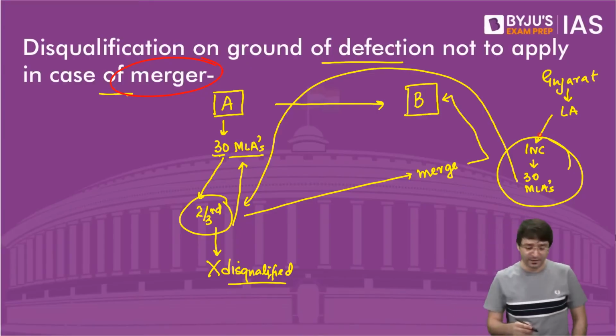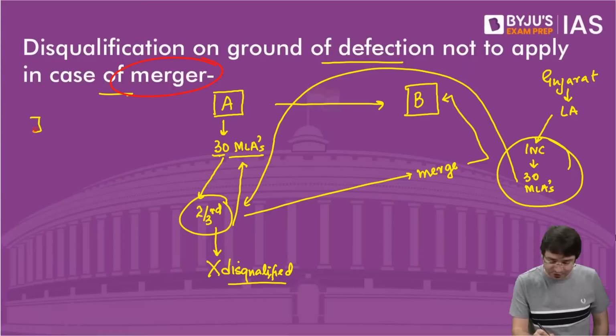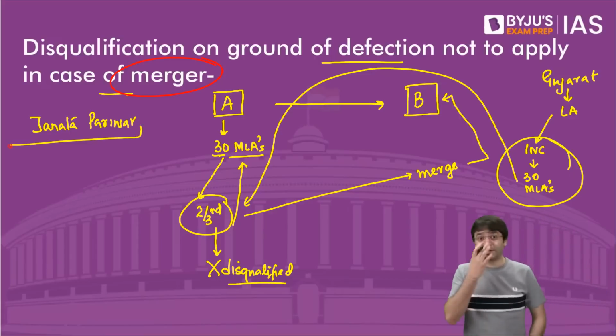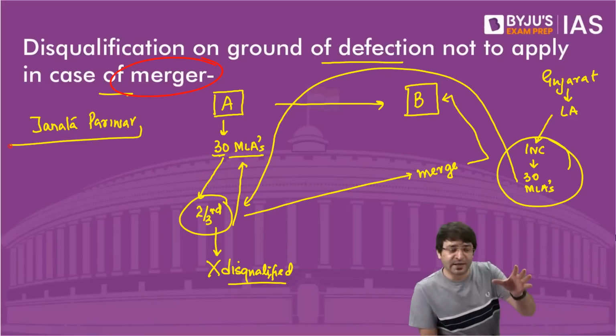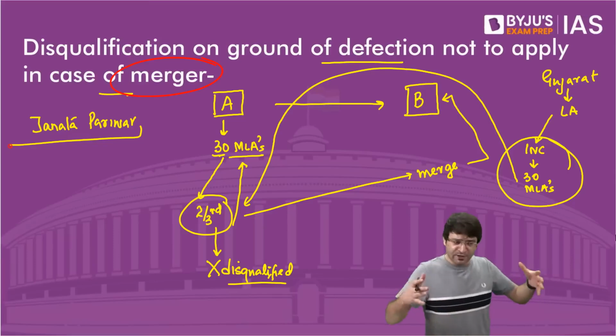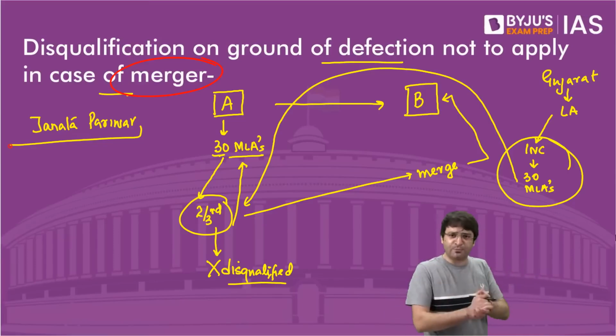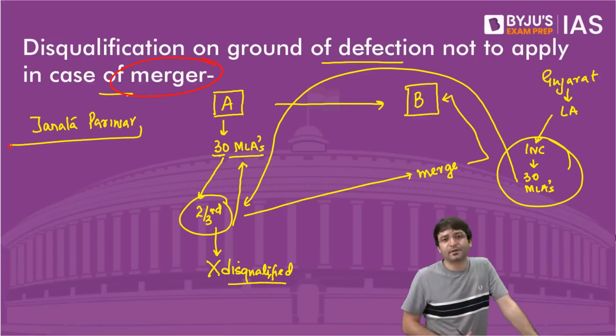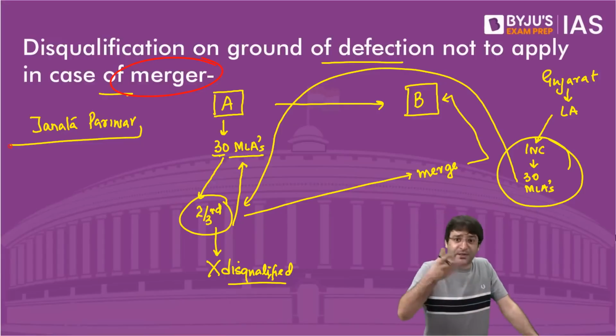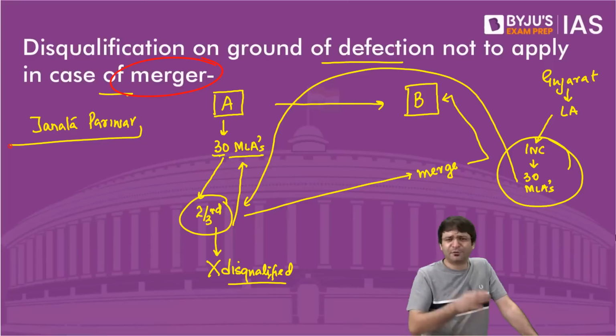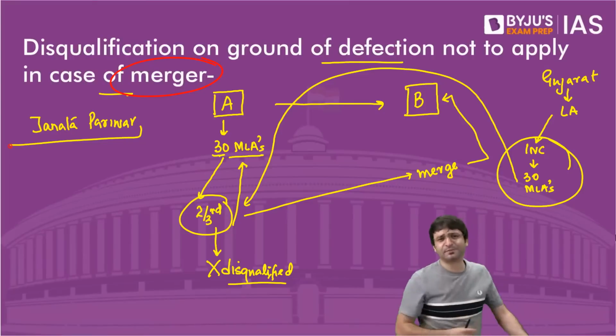Merger would be if, for example, there was Janata Parivar. What is this Janata Parivar? In 1977, various opposition leaders decided to come together and form a political party called Janata Party. Morarji Desai became the Prime Minister of India. But it was a short-lived exercise. The government fell, collapsed.